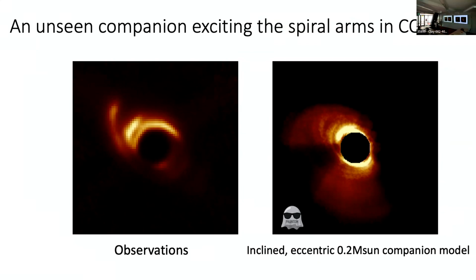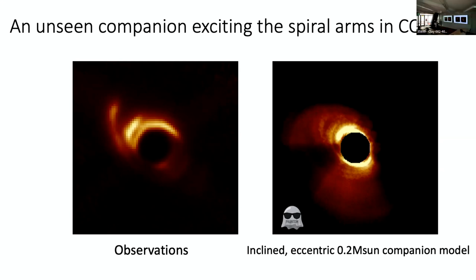And what we found was that just a planetary mass was not sufficient to cause all of the features in the disk. We couldn't make big spiral arms. We couldn't make such a huge cavity with a planet alone. So we went up to about 20 Jupiter masses, and then eventually 0.2 solar masses, and that's what got us there.